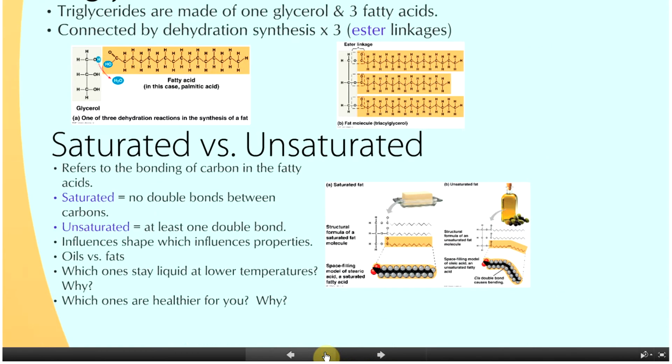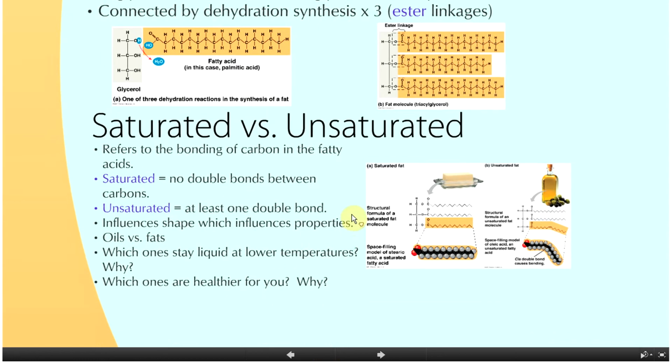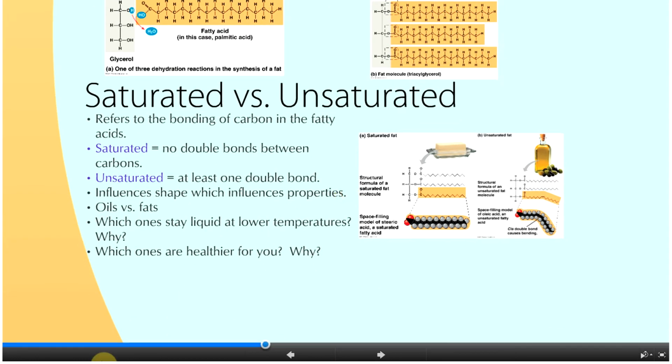All right, we have two types of lipid molecules depending on how the carbons are attached to one another. These two types of lipid molecules are called saturated versus unsaturated. It has to do with the bonding of carbon atoms to one another within our fatty acid chains.